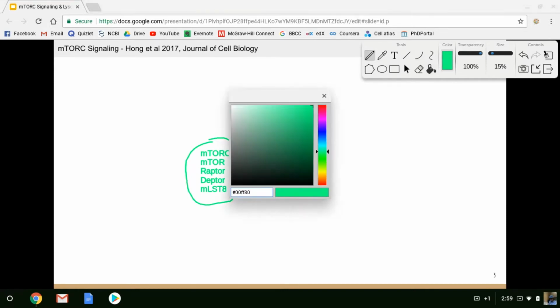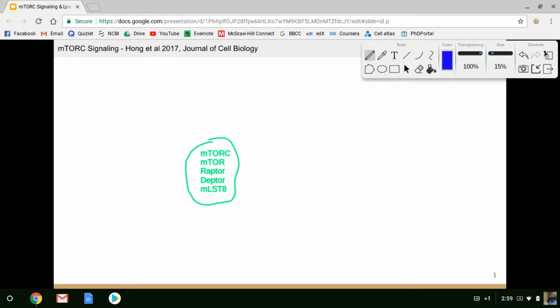And let's look at some of the activities of this serine threonine kinase. In terms of autophagy, which is a major line of research right now, mTORC is critical to the inactivation of autophagy. So when mTORC is turned off through whatever mechanism, we're going to talk about a few later, it relieves this inhibition on this protein called ULK1.